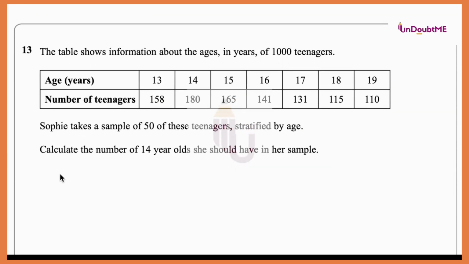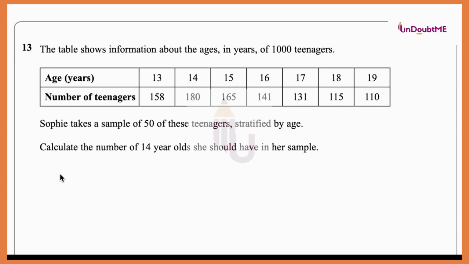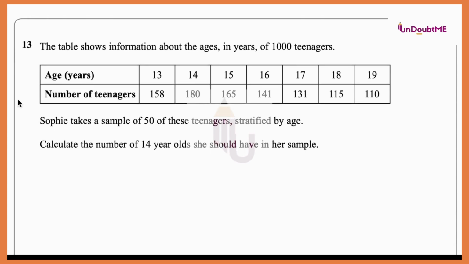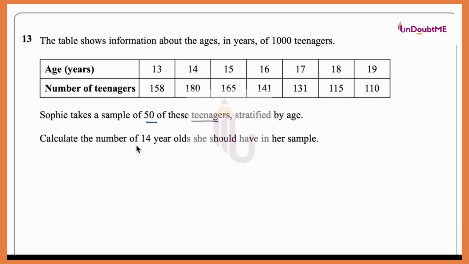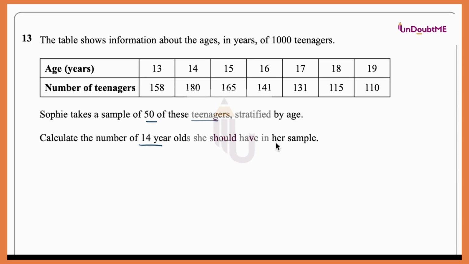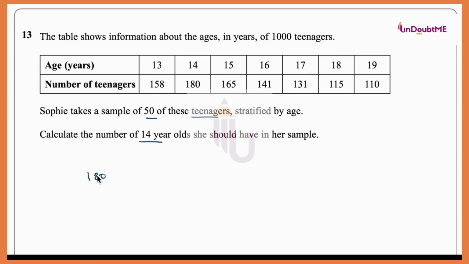A table shows information about ages in years of 1000 teens. Sophie takes a sample of 50 of these teenagers stratified by age. Calculate the number of 14-year-olds she should have in the sample. Actually, 14-year-olds are 180 out of 1000, but in our sample we are taking only 50.